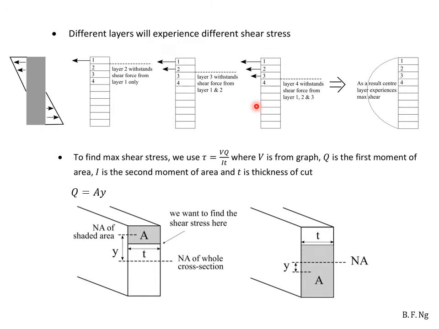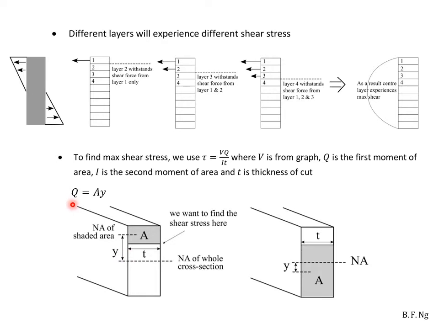Say you have a beam section below. If you want to find the shear stress at that location over here, the thickness at this location will be T in your VQ/IT. The value of Q is just the area above where you cut, over here that's the area, multiplied by the distance between the neutral axis of this area to the neutral axis of the entire cross-section, which is given by Y over here.